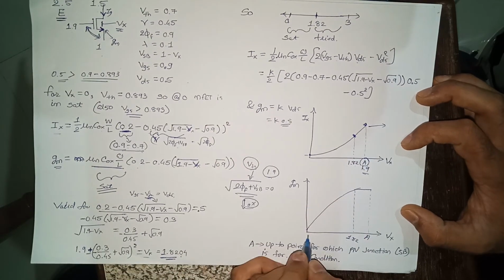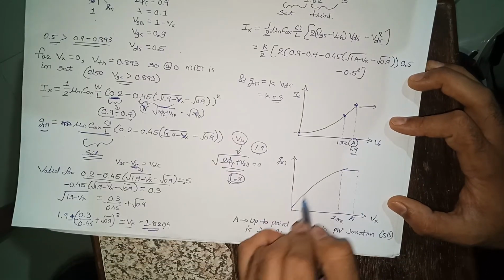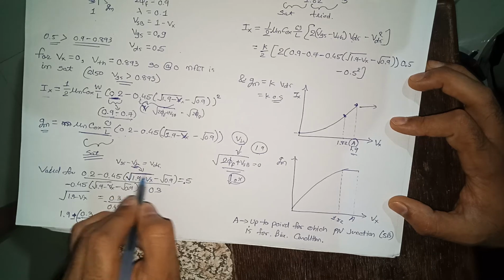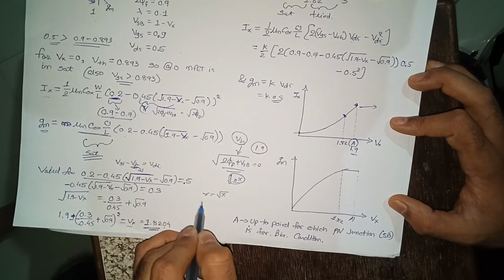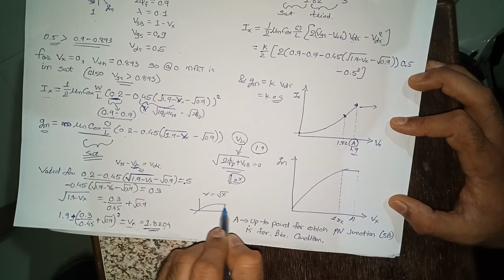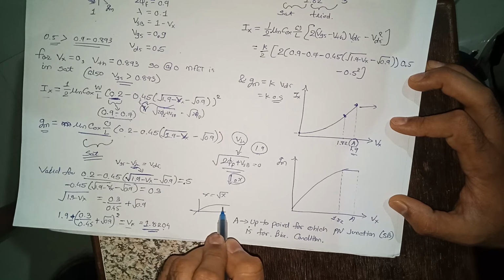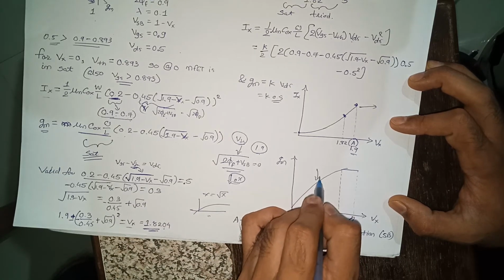Same way for Gm, it will start from here. I made this curve like this because something is under root, right? If you plot y equal to under root x, it will follow the upper parabolic kind of curve. So I'm guessing this graph will come.